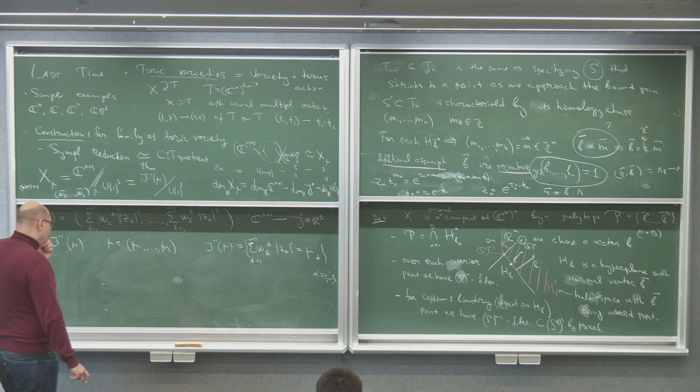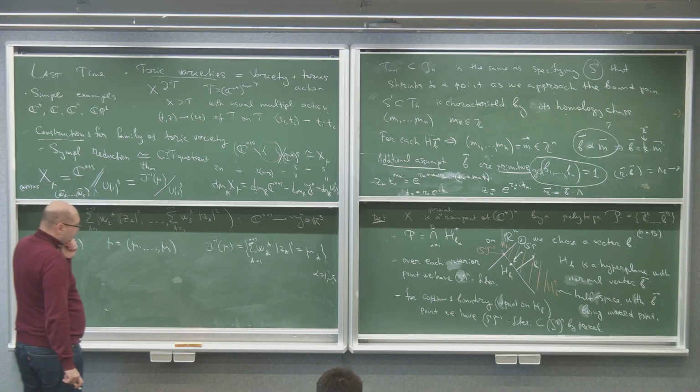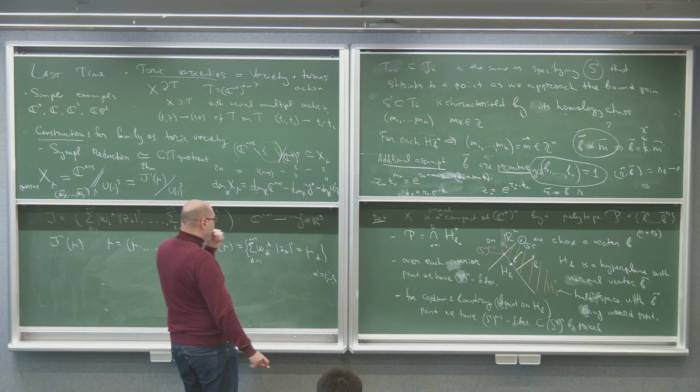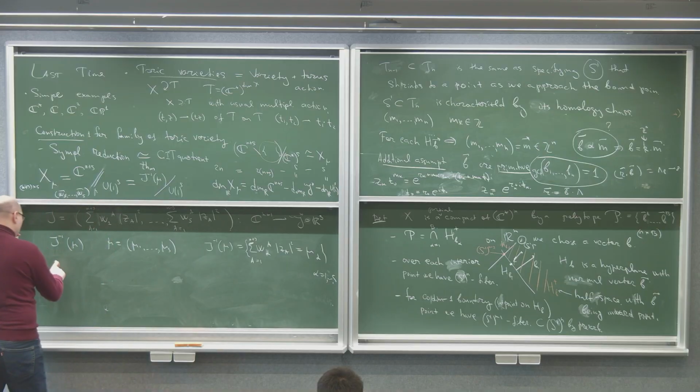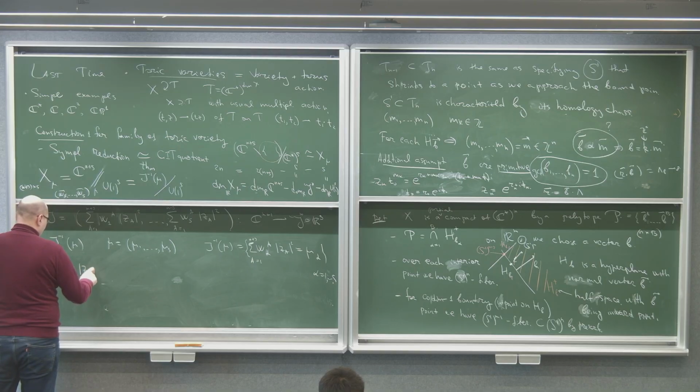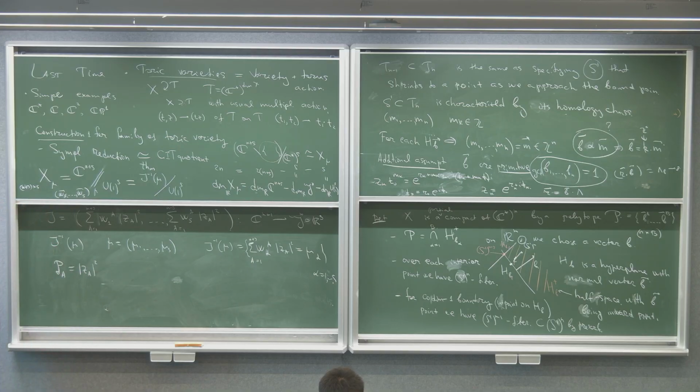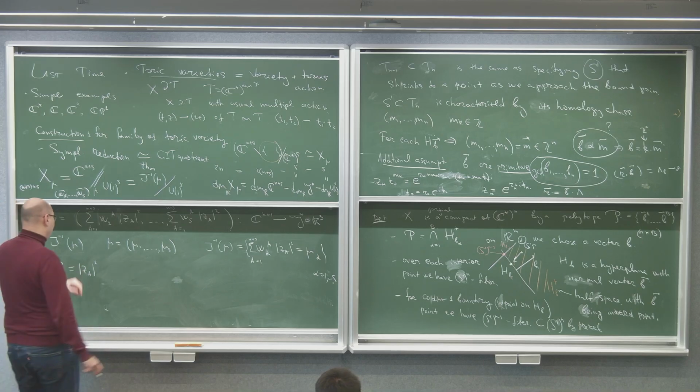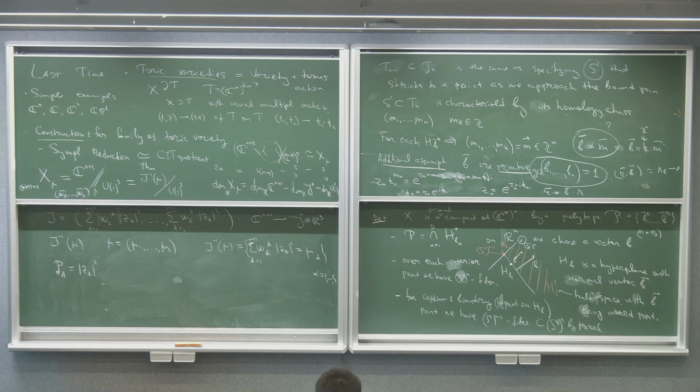Okay, so now let me introduce different coordinates. Let me introduce the coordinates rho A that will be real valued and will be the absolute value square of z.